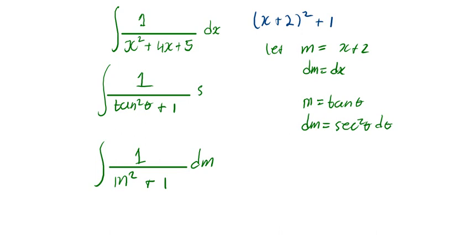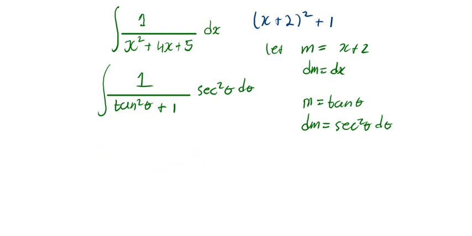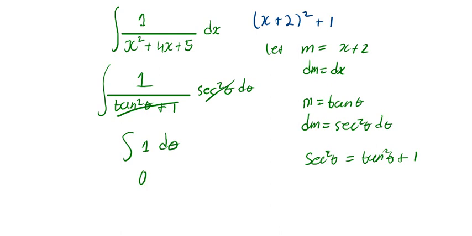It's sec squared theta d theta. If you are familiar with trig identities, you remember that sec squared theta is nothing but tan squared theta plus 1. So you can cancel out that one together with this one. Integrating this, it just remains to be integral of 1 d theta, and it will just be theta.